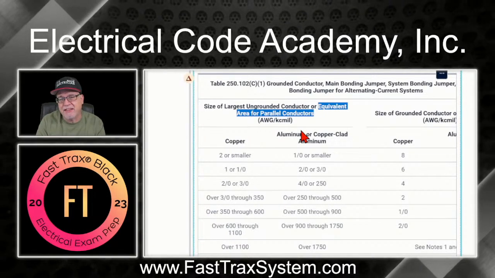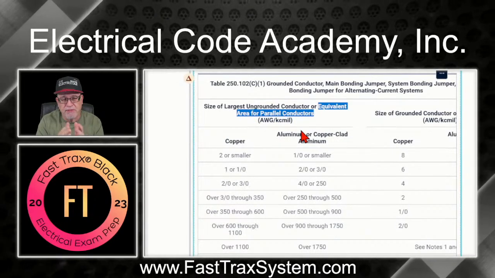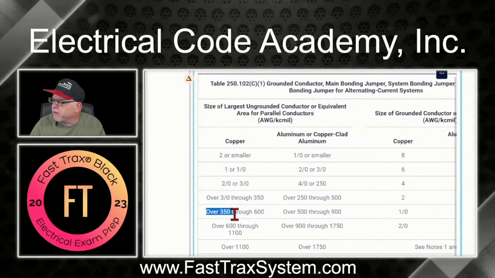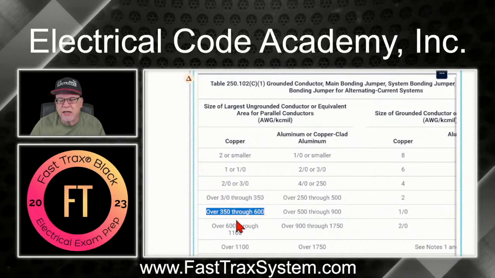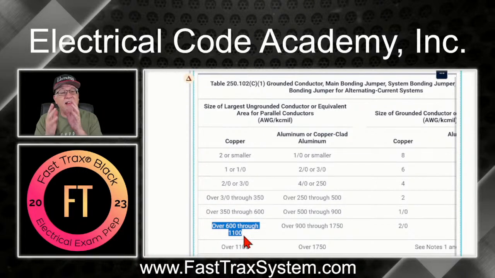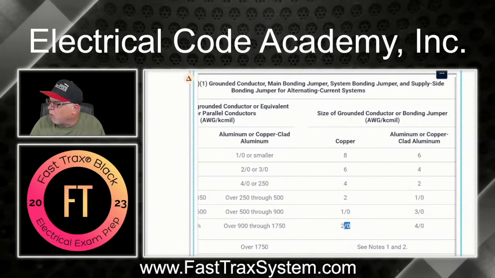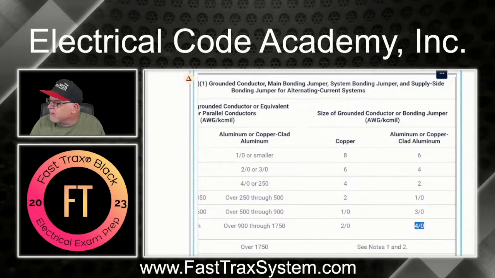And that's where we get the 700, 350 and 350. Well, if that's the case, we're going to go down here, and over 350 through 600, well, that's not going to work. So we have to go over 600 through 1100, and that 700 falls right in there. And so that means it would be a 2/0 copper or a 4/0.